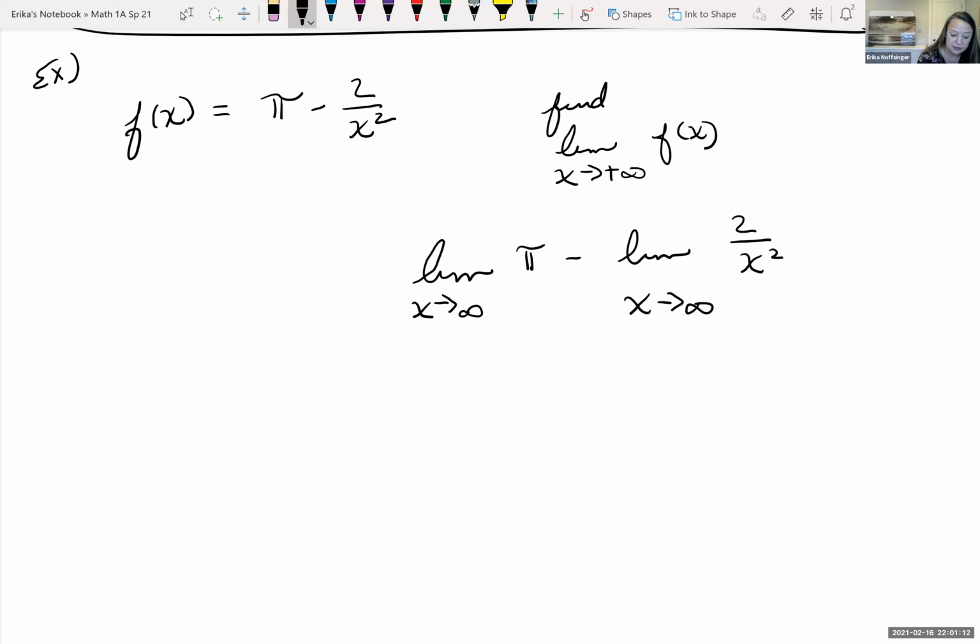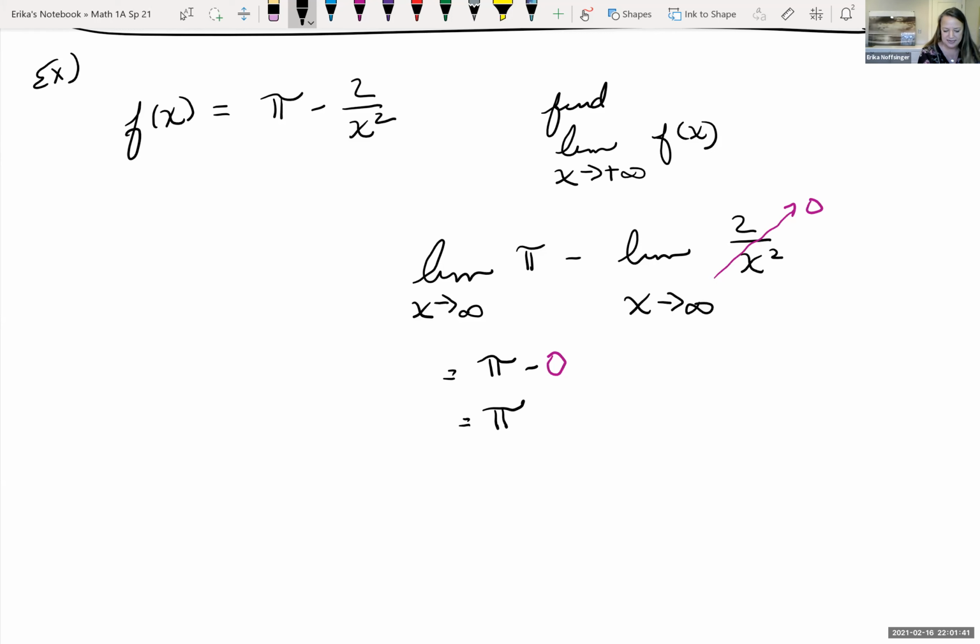Well, remember, the limit of a constant is just that constant itself. So this is pi minus, well, if we're plugging in values here as x is going to infinity and squaring it, that denominator is blowing up, and this whole value is going to be shooting off to 0. And so I have pi minus 0, which is going to give me back pi.